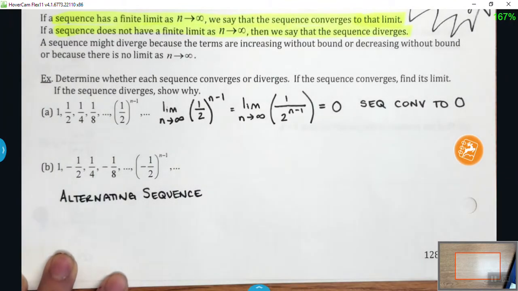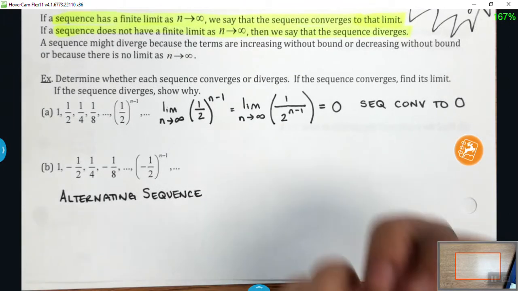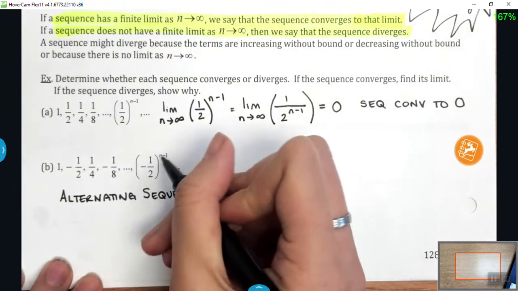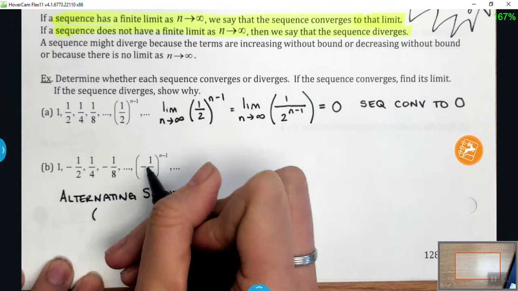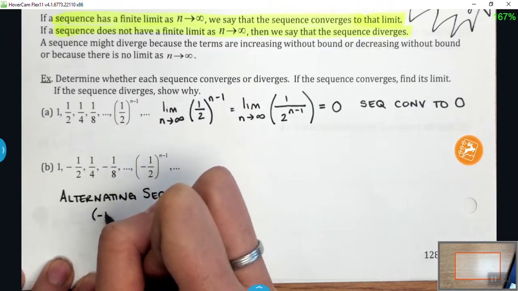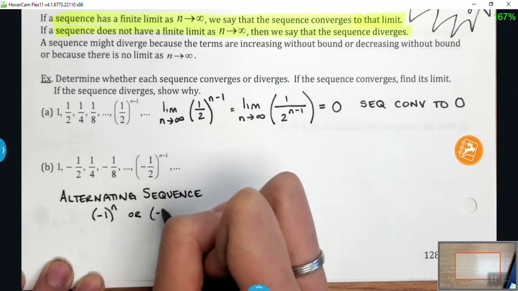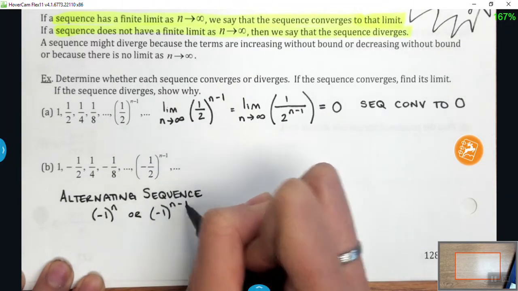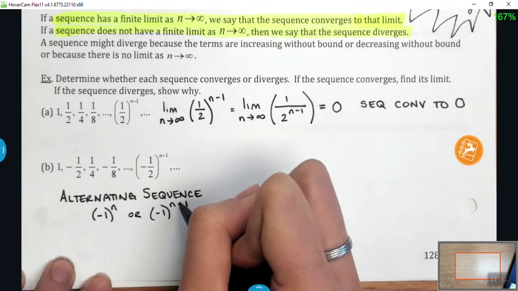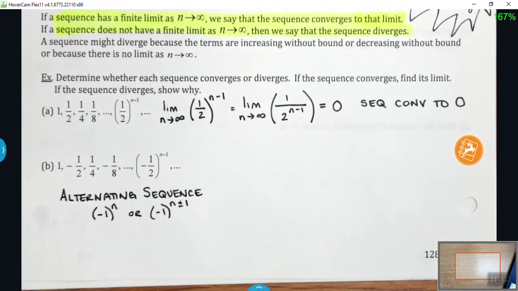It's just points up and down, because they're separate. It goes from 1 to 2 to 3 to 4. So anytime you have a negative to an nth power, or a negative to an n minus 1 power or plus 1 power, then it's an alternating sequence.